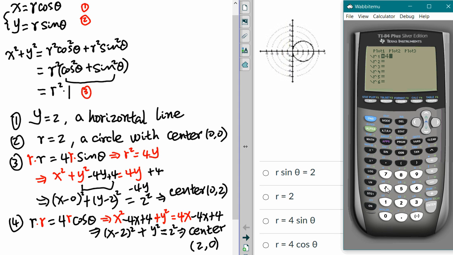If you put 4 times cosine theta, you graph it, you'll get this picture. Because of the screen, we just showed part of the picture. So we can zoom out a little bit. Press 3, hit enter.